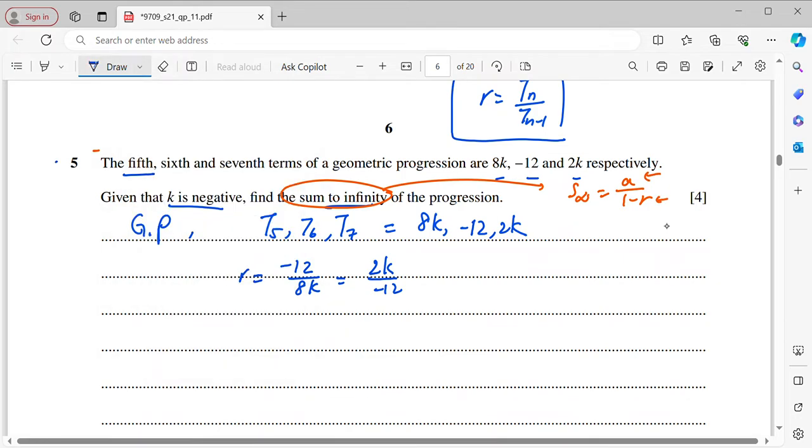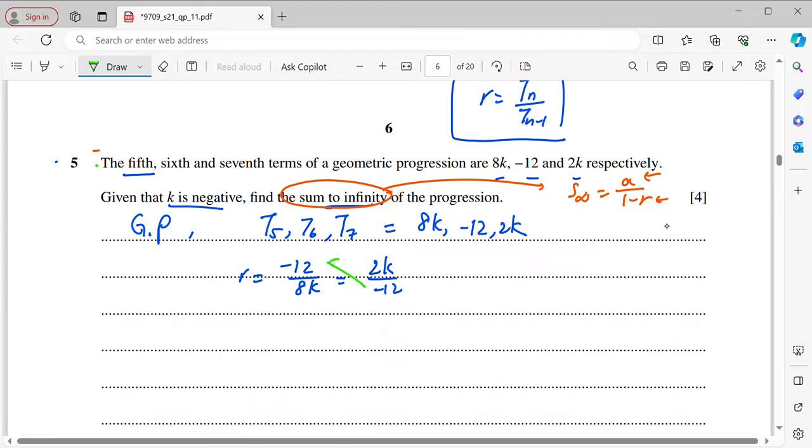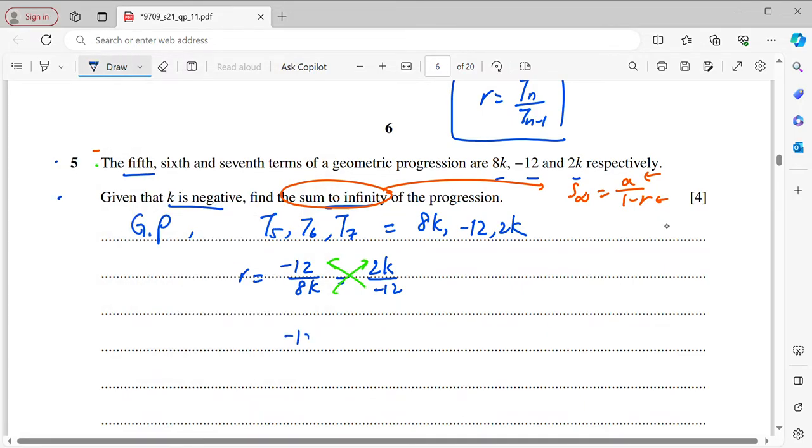Using cross multiplication, negative 12 times negative 12 equals 2k times 8k. The left hand side is 144, the right hand side is 16k squared. Therefore, k squared is 9, since 144 over 16 is 9.